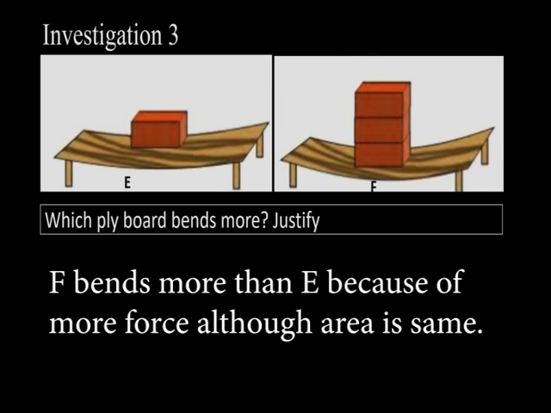But then what is different there? Force is different. So, please take a note what happens when force increases or decreases. Is that clear to everybody? Are you with me? Okay.